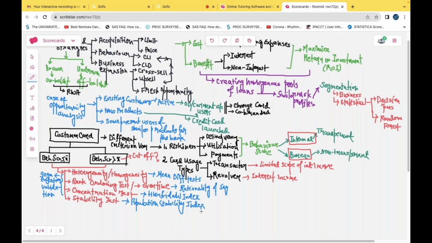It would help us understand whether that segment thrives over a long period of time, whether the concentration of that segment changes at a given point of time, and, for segments created over different snapshots, whether there has been a historical shift in population stability in terms of some specific variables. So this is broadly the framework, right?